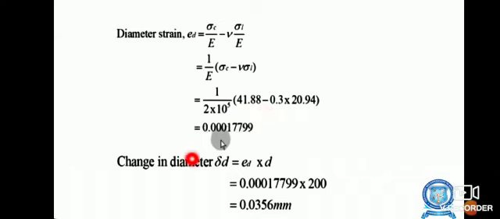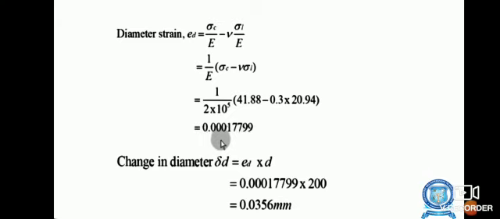Next we have to find out the change in diameter. The change in diameter formula: del D is equal to lateral strain, that is diametrical strain, another name is lateral strain or diametral strain, into diameter. We know the strain value and the diameter value, so we apply those values in this equation: 0.00017799 into diameter.